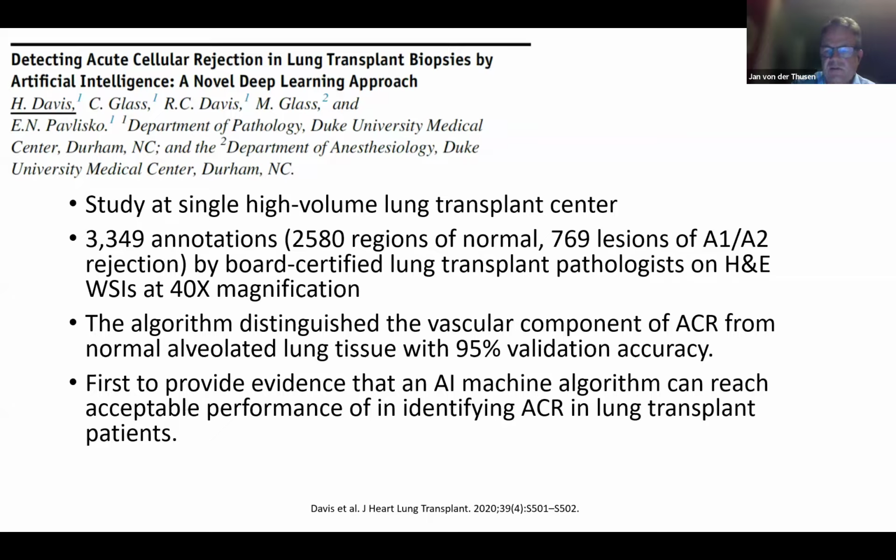And this was trained to recognize mainly ACR and distinguish that from the surrounding lung tissue. I think that already points to a potential problem in that this model is only trained to recognize these acute cellular rejection features and distinguish that from everything else that's already going on in that graft. So I think that's one of the limitations.